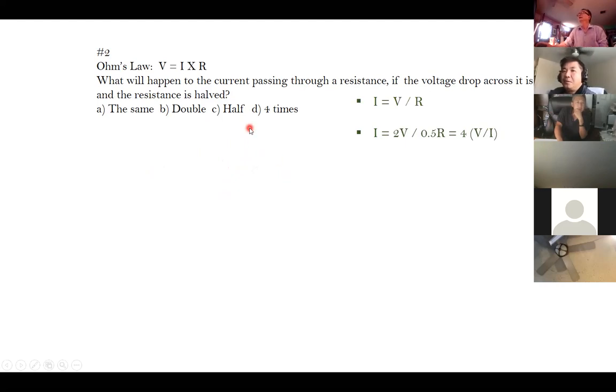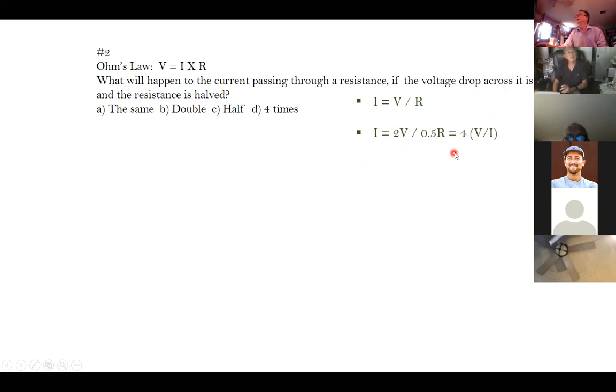I think that will be C. Half. No, it's D because you're doubling the voltage and halving the resistance. Isn't the voltage dropped by half if the resistance is just normal? The voltage drop is doubled, right, 2 times. And the resistance is half. Is it right or wrong? Okay. So it's 4 times. D.